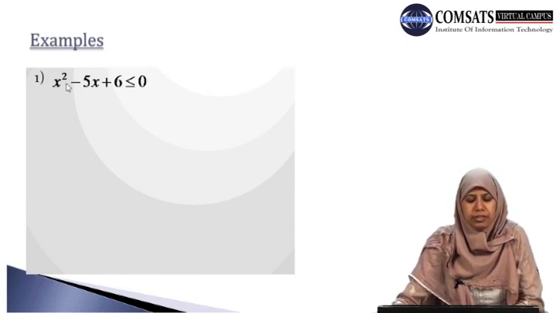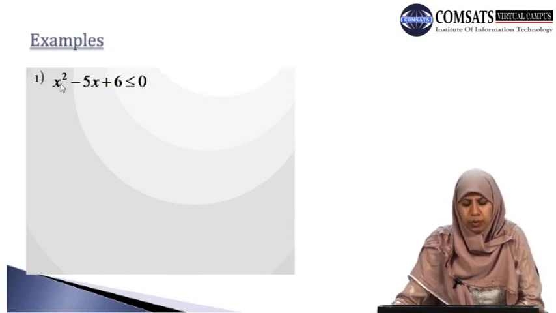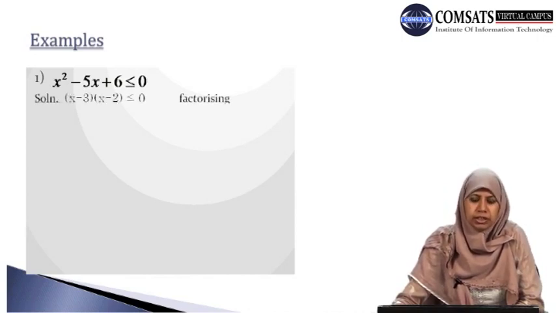We have x squared minus 5x plus 6 is less than or equal to 0. This is an inequality of second degree. As we learned in our first lecture, whenever we have a quadratic equation, we can either factorize it or solve it using the quadratic formula.